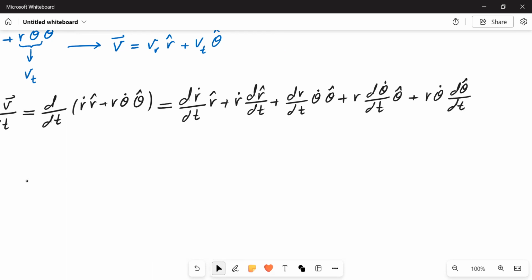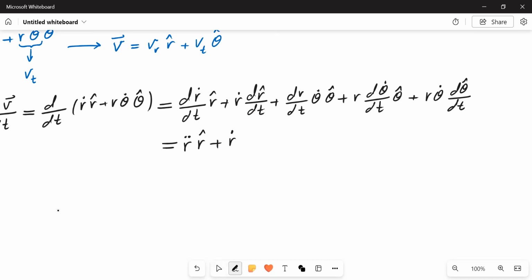So I end up with 5 terms here. And let's see how to simplify them. So the first derivative is just the second derivative of our radial distance with respect to time. I can show that by r double dot. Remember, each dot represents a differentiation with respect to time. So I have r double dot r hat for the first term.